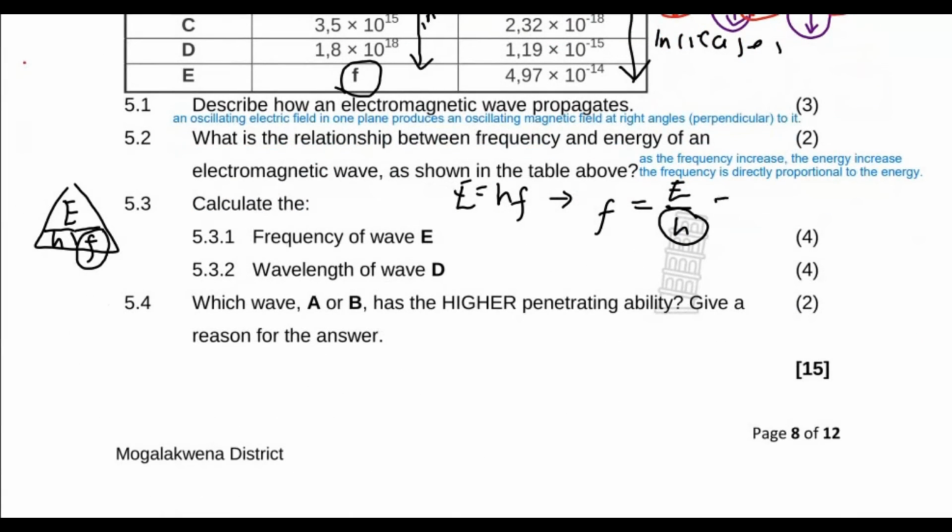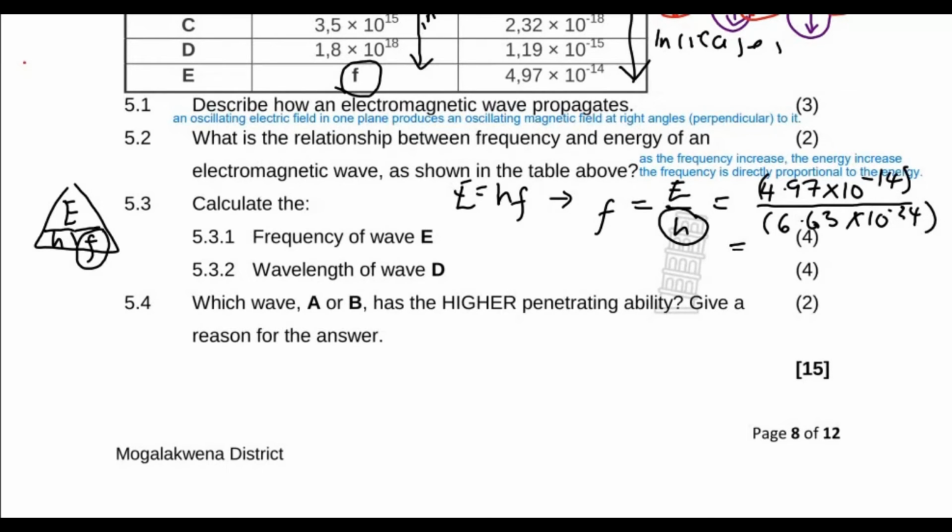So here we are. The energy is 4.97 multiplied by 10 raised to the power of minus 14. Always put things in brackets when we are working with very large or very small numbers. We said h is 6.63 multiplied by 10 raised to the power of minus 54.